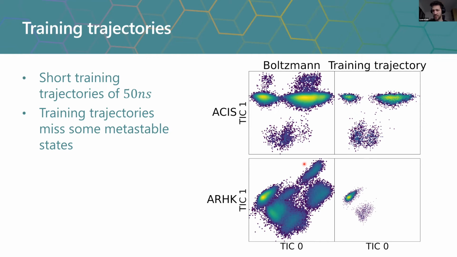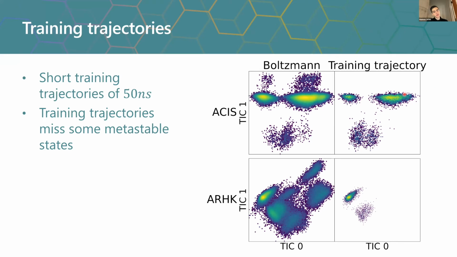This gives us the projection. Then for the short trajectories, we simply use this model computed for the long MD trajectory to compute the states. So if we want to compare these, this is very good. Here we'll always see if we are missing metastable states with respect to the long MD trajectory.